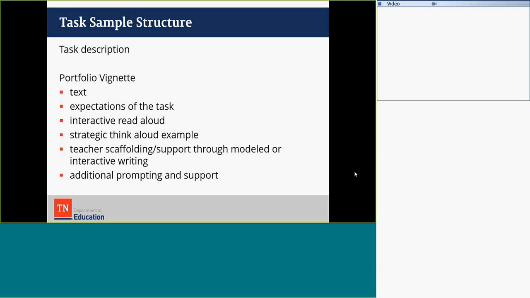It walks through what it might look like and sound like to provide students with the expectations of the task. It actually takes a little tiny dive into the interactive read aloud, strategic think aloud, stopping places examples, and then also what teacher scaffolding and support would look like through modeled or interactive or shared writing, and also provides what additional prompting and support would look like.